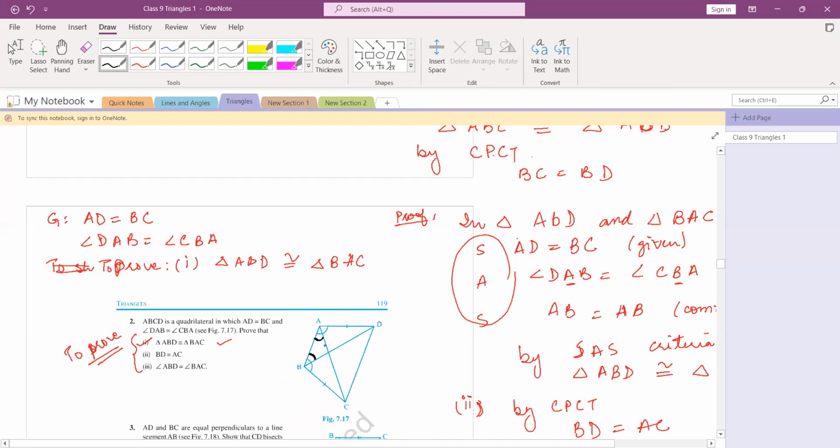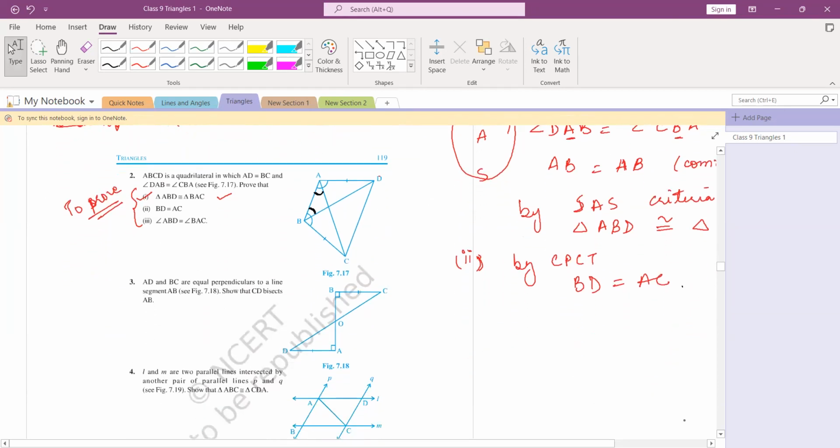Now, when the triangles are congruent, again by CPCT, their angles will be equal, isn't it? Yes, ma'am. So again, I can write that the third one, by CPCT, angle ABD is equal to angle BAC. So by CPCT, we have shown the two things.